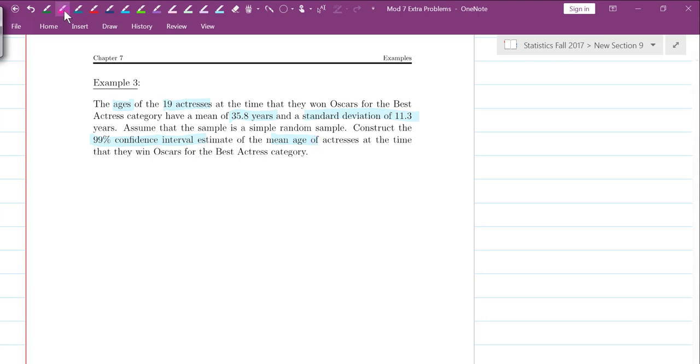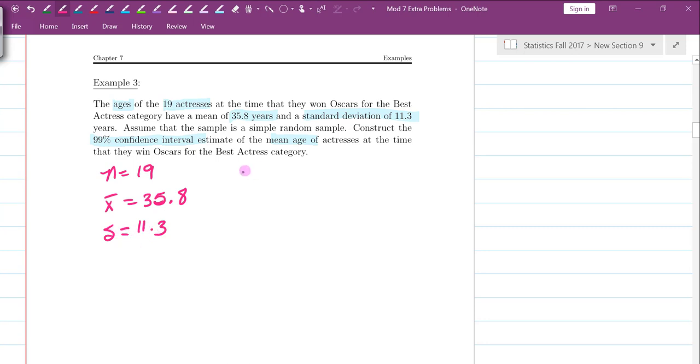So we need to write down that our sample size is 19, that our X bar is 35.8, that our sample standard deviation, notice I use S, is 11.3.